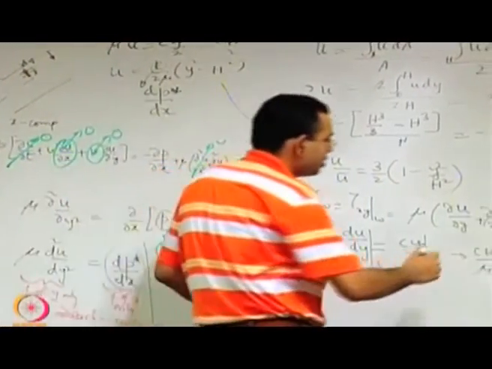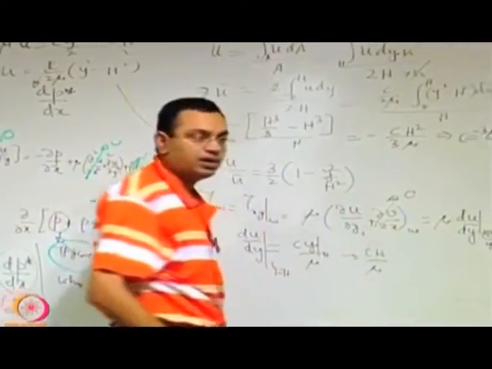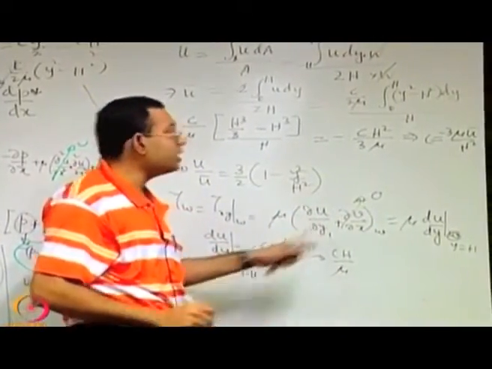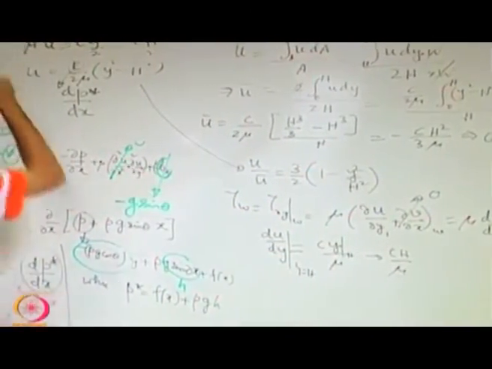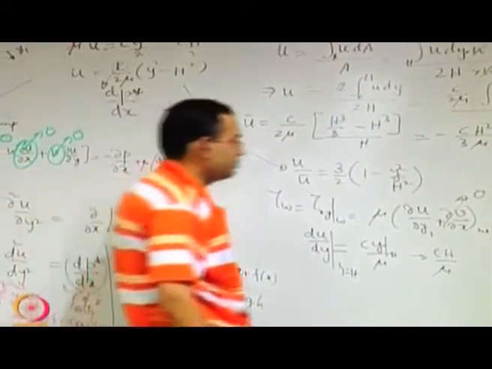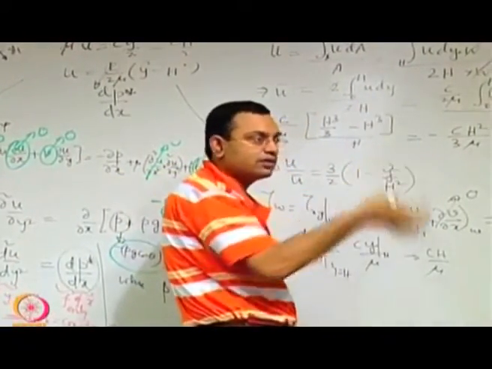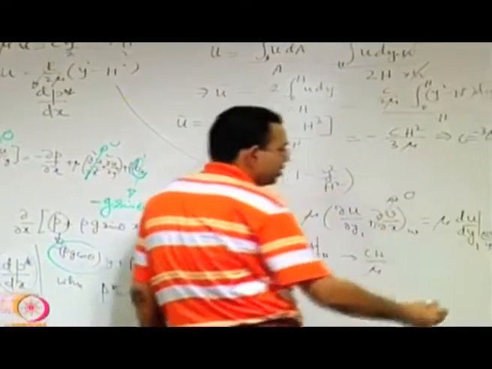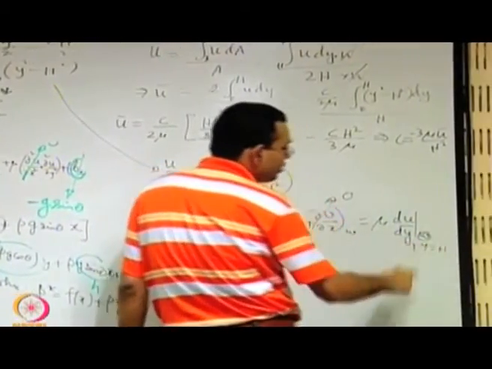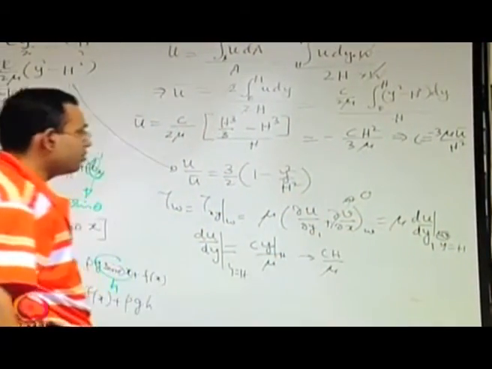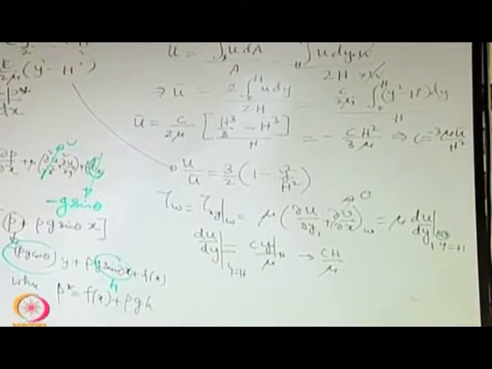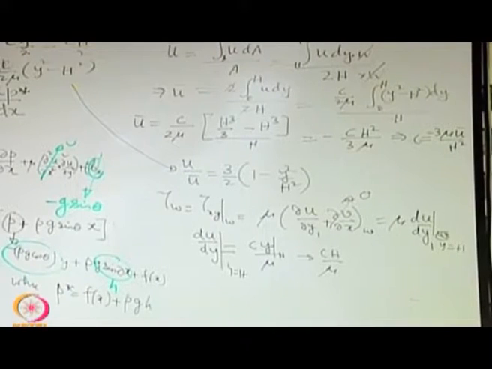So it is better to consider a separate coordinate y1, which is perpendicular to the wall and towards the fluid. So this is basically at y equal to h or y1 equal to 0, but y1 and y are just oppositely oriented. So you can write y1 is equal to nothing but h minus y.